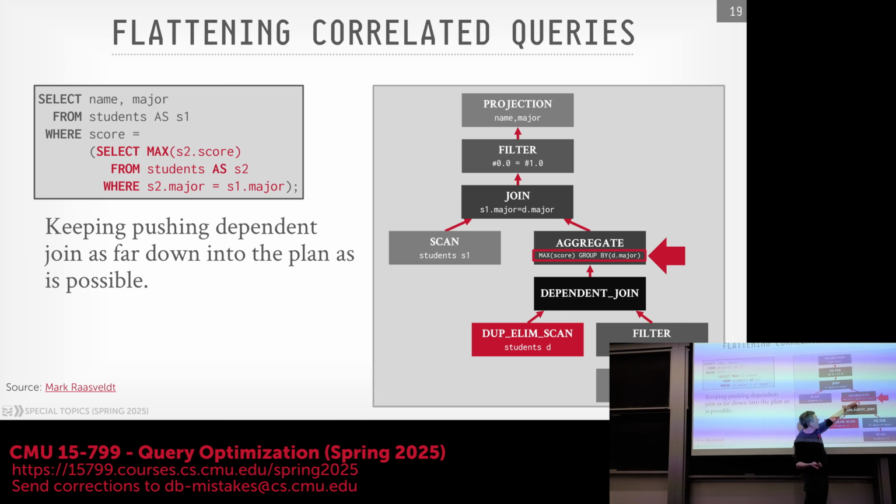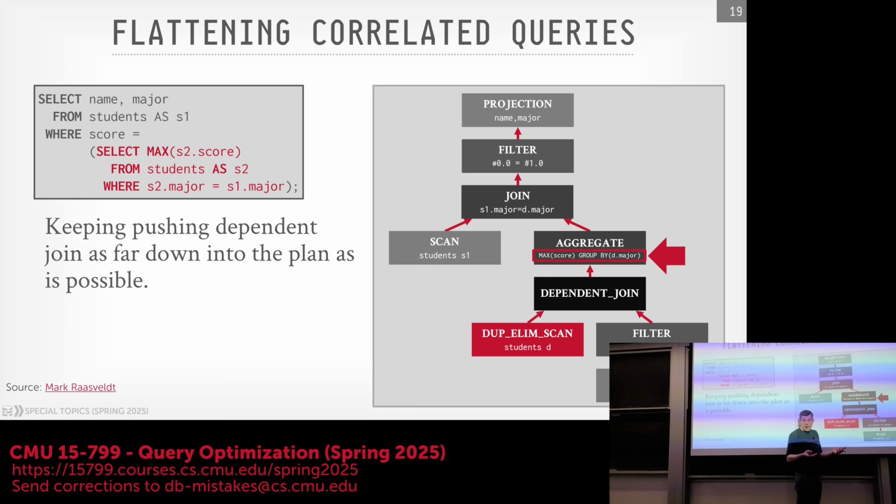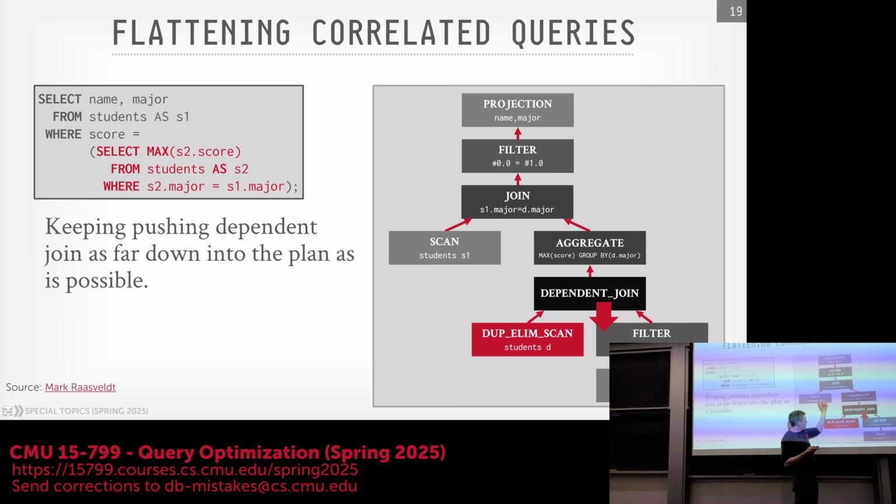I add the group by here because I know that's the thing I'm going to join on up above. I don't care about every single student in a major. All I care about is whatever the max score is. So the group by guarantees that I'm passing along the minimum information I need to do this join. Then it's just pushing this down further, and here I recognize that I'm going to reference the major.